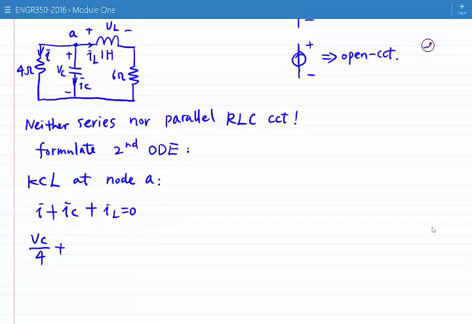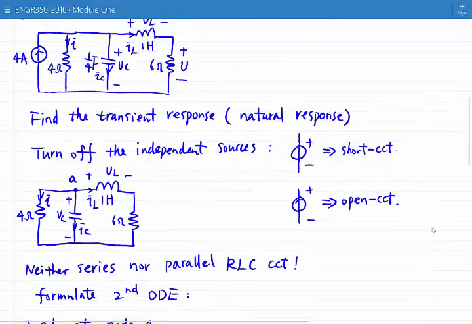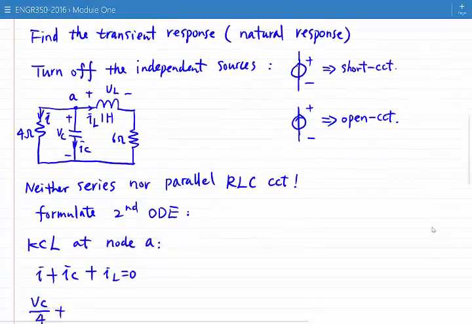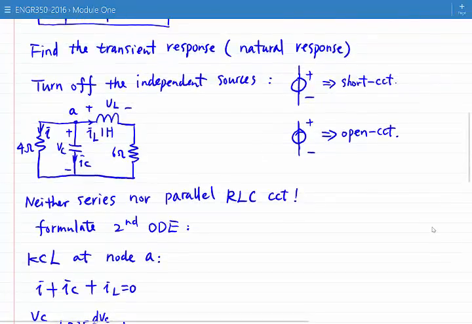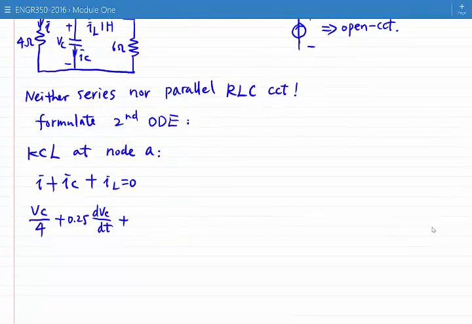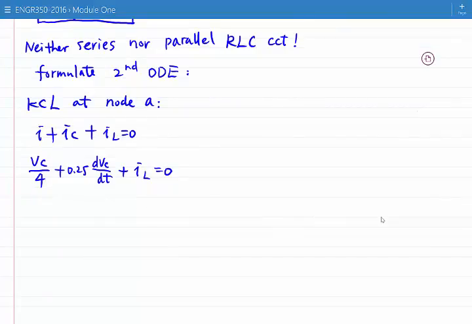The capacitor current is equal to C dVC over dt, so it is 1 over 4 farad, 0.25 dVC over dt, plus IL, the inductor current. So we have this differential equation.